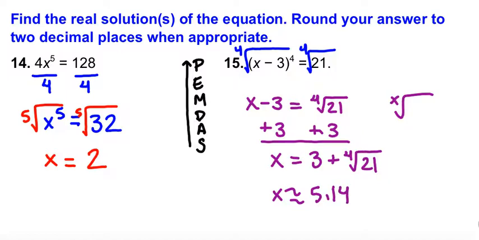Now, if you don't like it that way, you can change this 4th root into, say, 21 raised to the 1/4 power. Because remember, the 4th root is the same as the 1/4 power. Could I have done the 4th root of 21, gotten that answer, and added 3 to it? Sure.